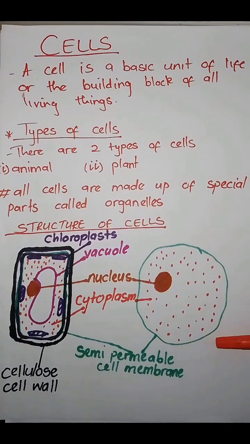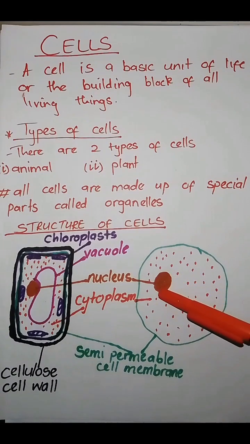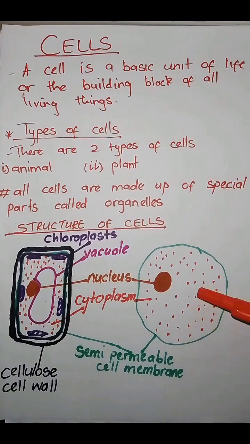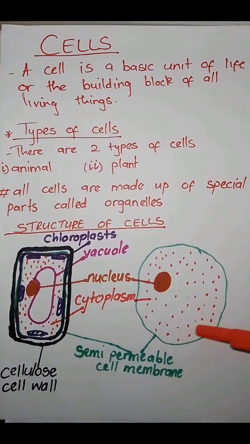So this is the semi-permeable cell membrane. So we have this big brown organelle here. It's called the nucleus. Then we have these small dots in here. They represent the cytoplasm. It is a jelly-like fluid which is found in cells.